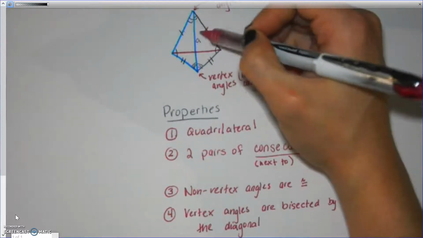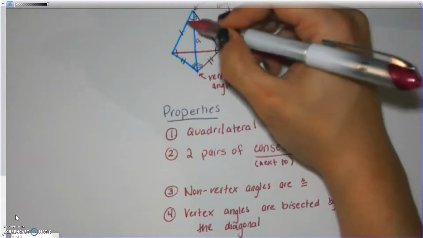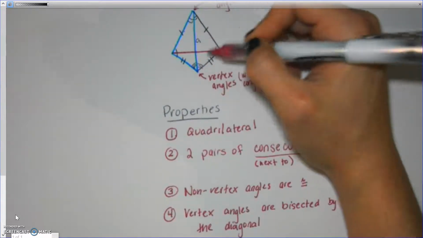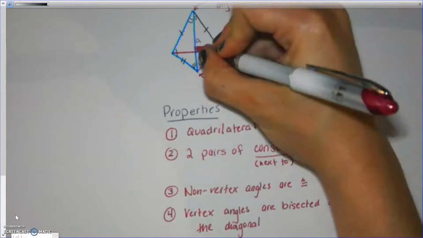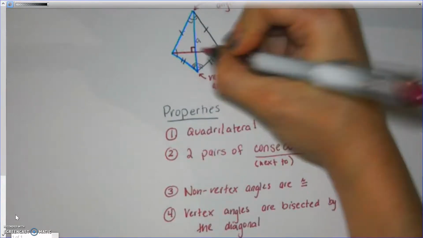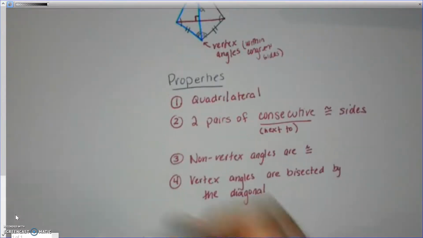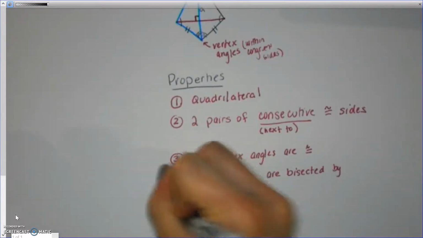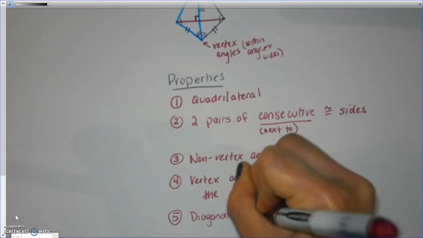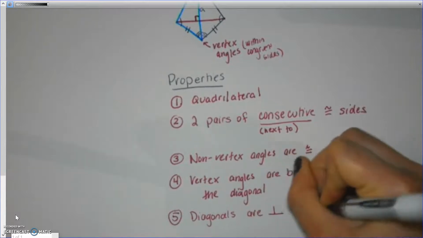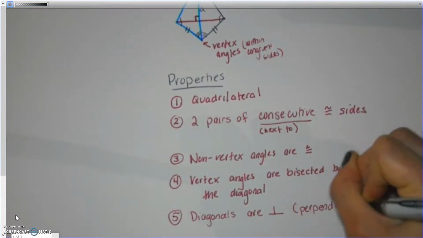We actually drew this first diagonal as the altitude of these two isosceles triangles. And we know that this is going to be perpendicular to the base. So we could actually say that both diagonals are perpendicular, and that is our symbol for perpendicular.